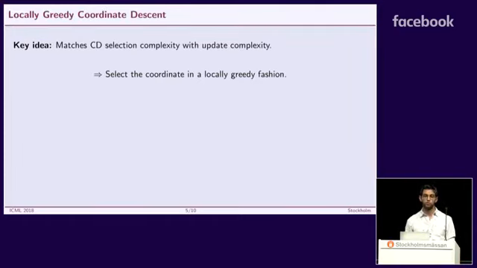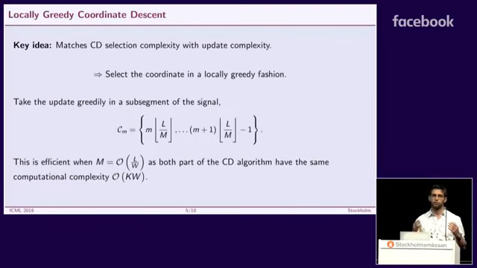So the idea to speed up this algorithm would be to try to match the computational complexity of the coordinate selection with the complexity of the update. To do that, you can try to select the coordinate locally greedily. The idea is that if you divide the signal you are trying to optimize into M subsegments, then you can select greedily the coordinate that you want to update in each of these subsegments.